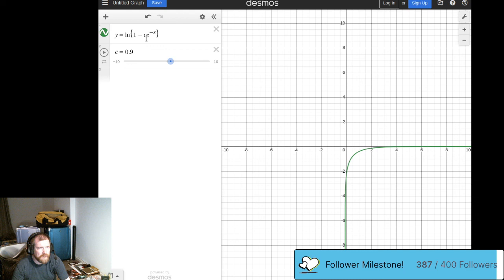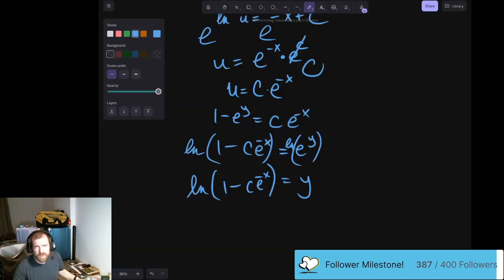And then if we go to 0.9, it's just the negative x values that are going to start making this get bigger and bigger going this way. Alright. I'm mostly satisfied with that.